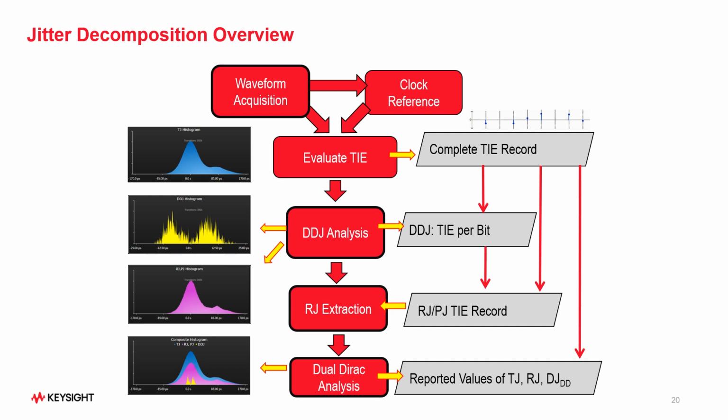Once this step is done, the next step is to perform dual Dirac analysis, where one can compute the different values of the jitter components and report the total jitter, the random jitter, and the deterministic jitter from the signal. So, from a high level, this is how the jitter decomposition works.